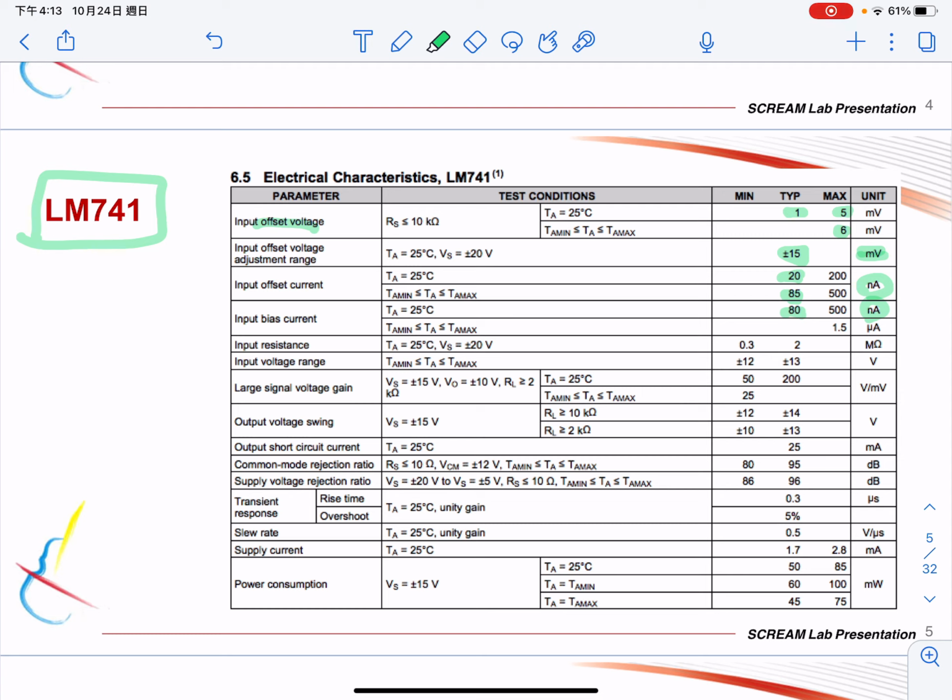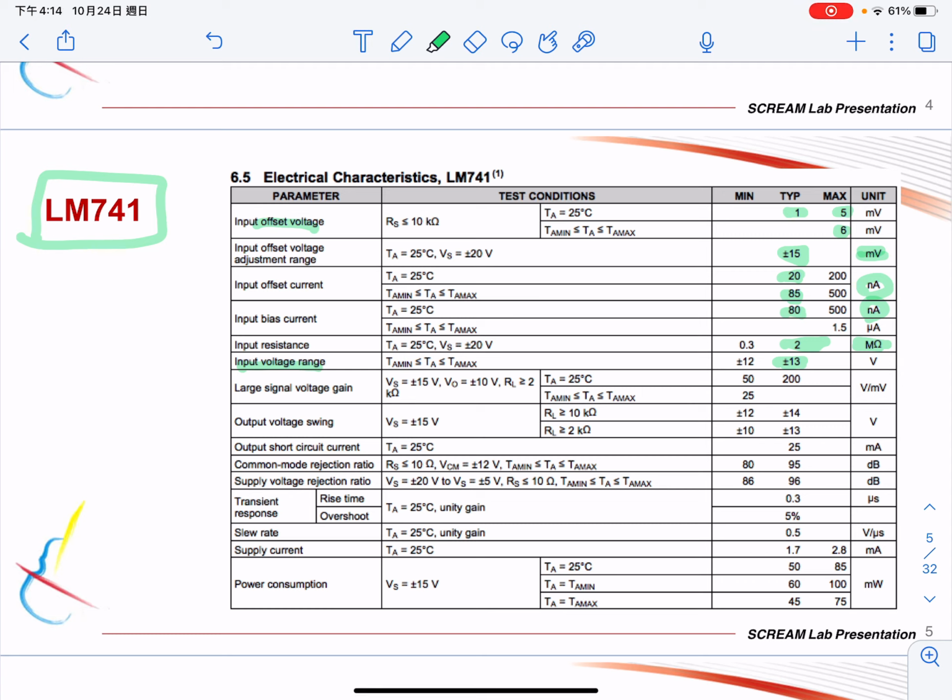The bias current, when it's idle, is very small, only nanoamperes, meaning that it saves power. The input impedance is 2 megaohms, which is usually quite large for most applications. The input voltage range is plus and minus 13 volts.